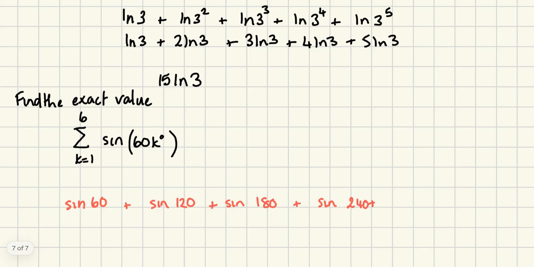What did you evaluate these to be? Sine of 60 is root 3 over 2, plus root 3 over 2, plus 0, plus minus root 3 over 2, plus minus root 3 over 2, plus 0. So it adds up to 0. Take note of when it says exact values, because if you tried to do that using decimals, you're not going to get the correct answer.